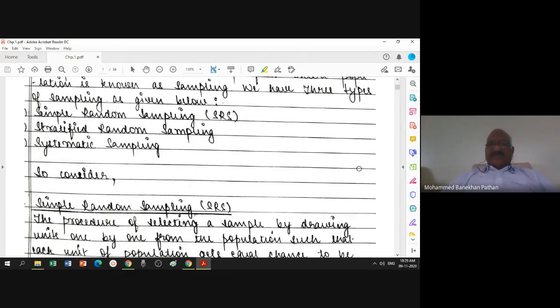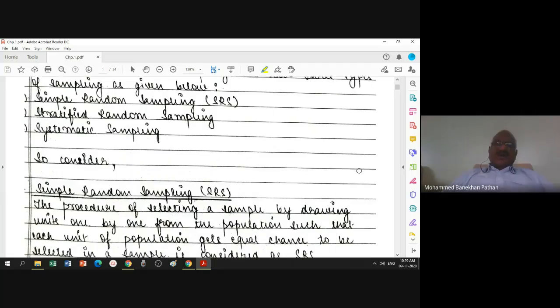Number 1, simple random sampling. Number 2, stratified random sampling. Number 3, systematic sampling. These are the basic sampling methods commonly used in day-to-day life to draw a sample from the population. Let us proceed one by one.